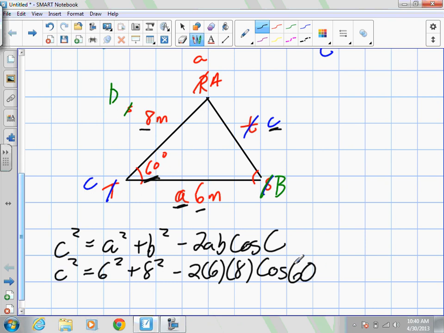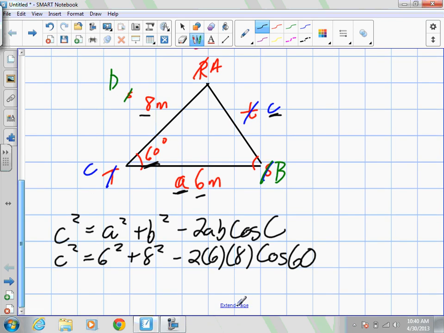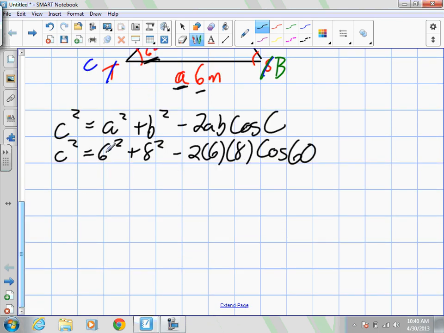So now all there really is to this is simplifying our right side of the equation, and at the very end we're going to have to square root it because we have a squared value on the left side. We're just trying to isolate C. That's the goal here, right? That's our side C we need to find.